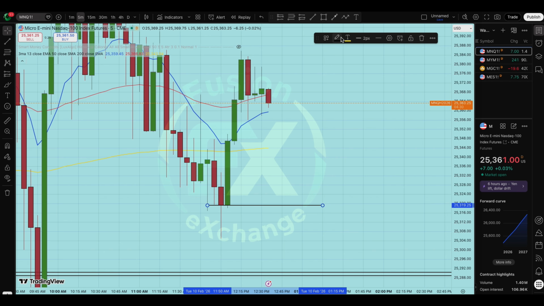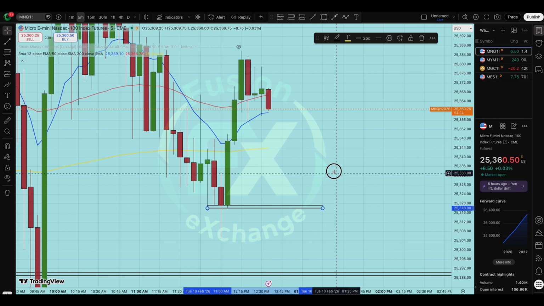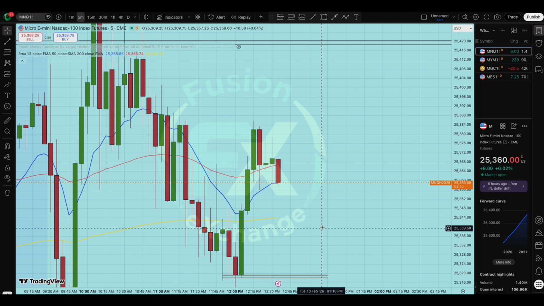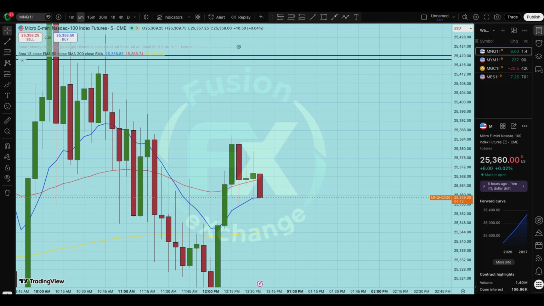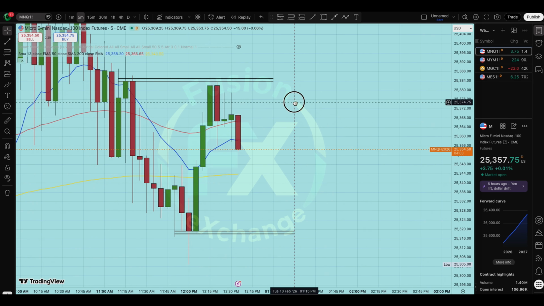I find support under here on the 5 minutes. I should have done this from the morning so we could show it when we execute live, but another day. So we have resistance at the top and support below.